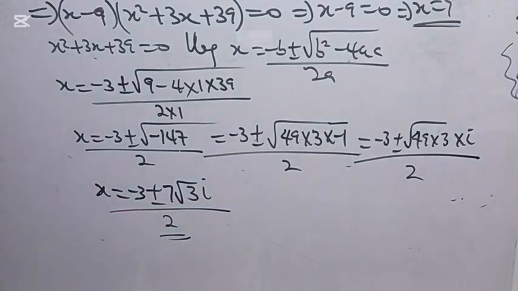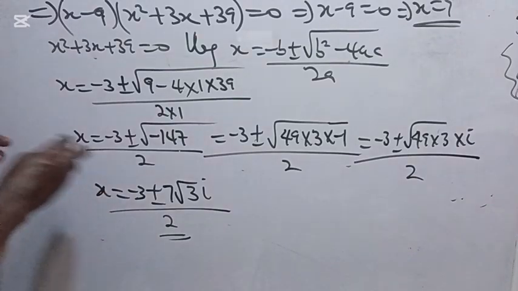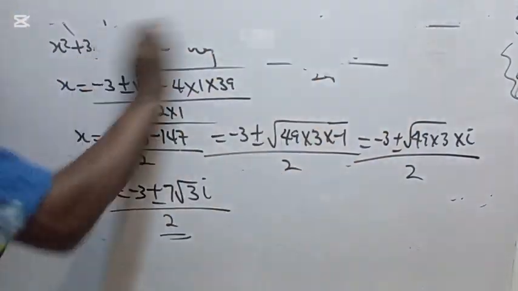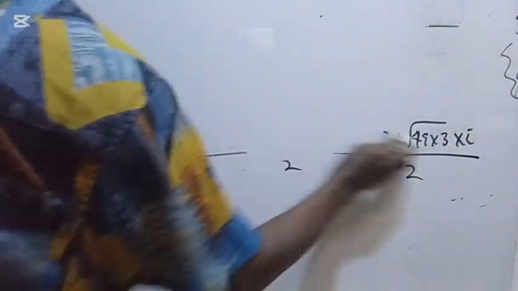So we have gotten three values of x now. The first one was x equals 9, while the second and third are these. So now we'll go to the next pairing. Remember, don't let us forget the fact that we started with a difference of two squares, and so we have to complete everything.